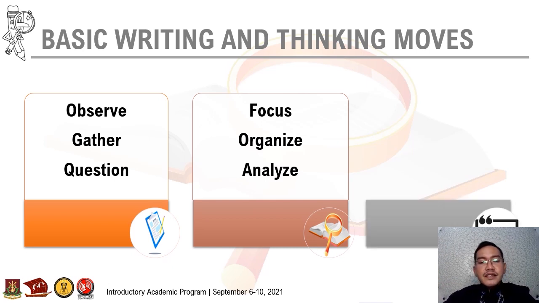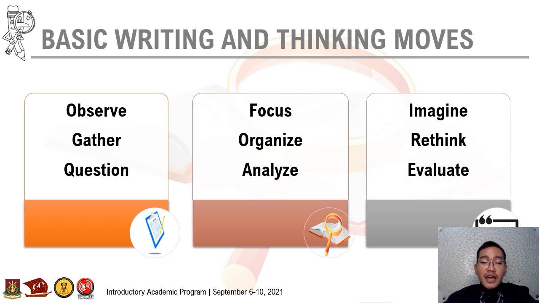Next is imagine. So imagination, according to Einstein, is more important than knowledge. Because imagination is the key. It's actually the portal to inventions, innovations. So you see from another point of view. You create new ideas, alternatives.